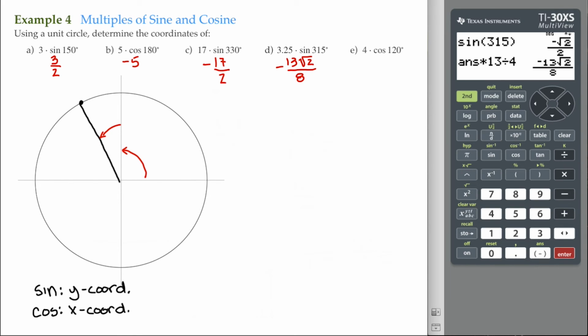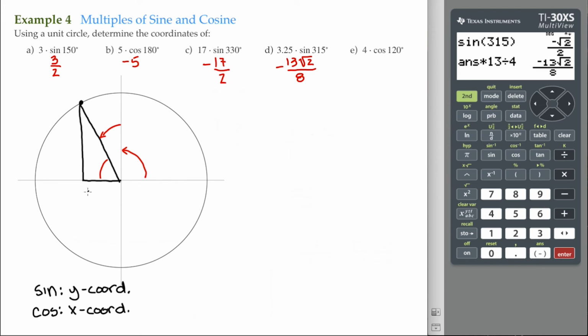That's 30. That's 60. So of course, the special right triangle, it's still a 30, 60, 90. We're looking for the cosine of this angle. That's the adjacent over the hypotenuse using the pattern of our special right triangle.